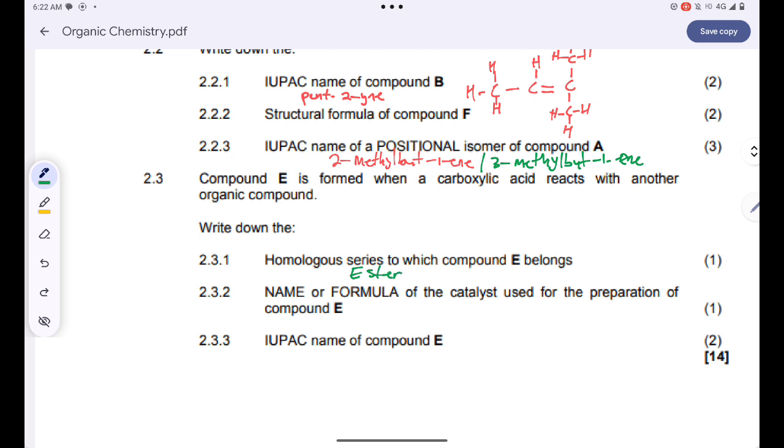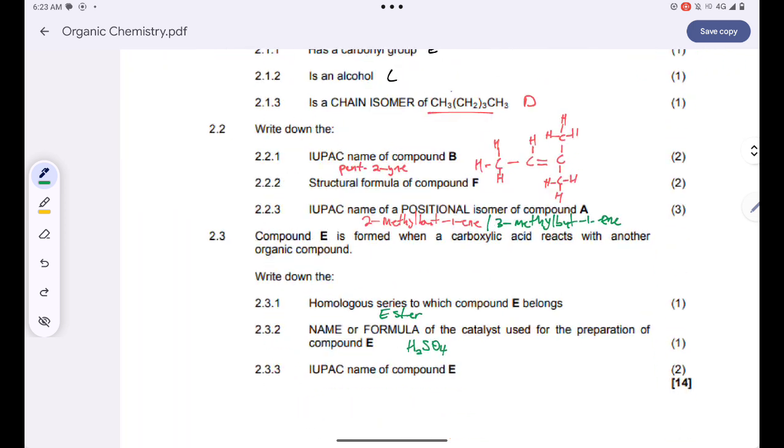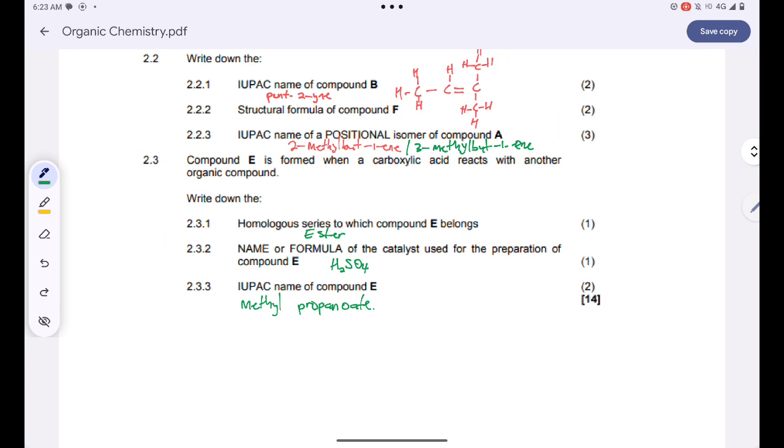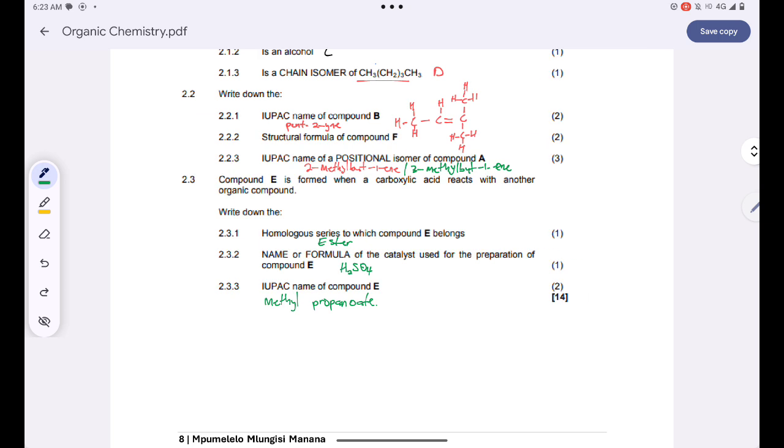Okay, name or formula of a catalyst used for the preparation of compound E. It's concentrated sulfuric acid. And the IUPAC name of that ester is just methyl propanoate. Methyl propanoate. That's how, guys, we're supposed to tackle this question.